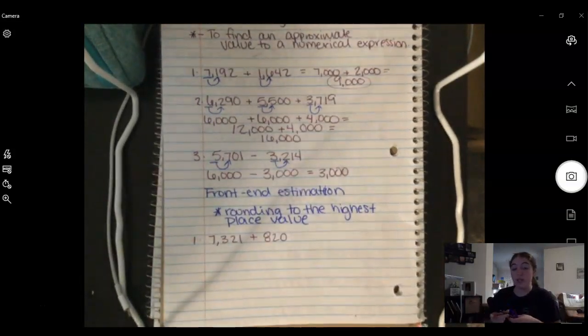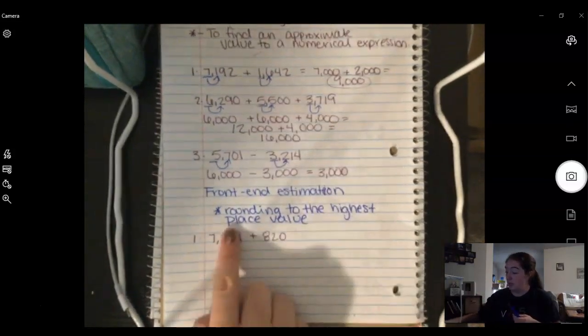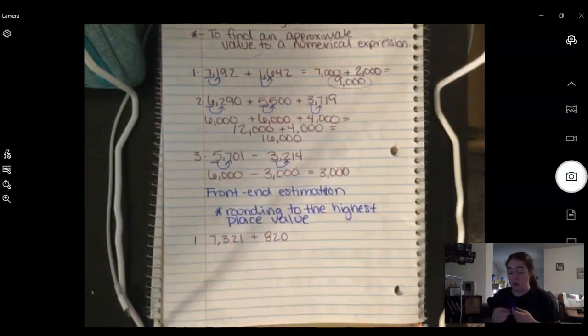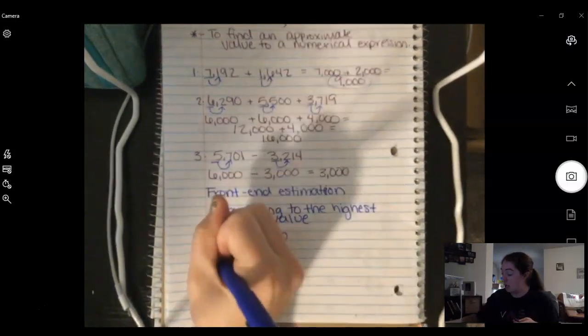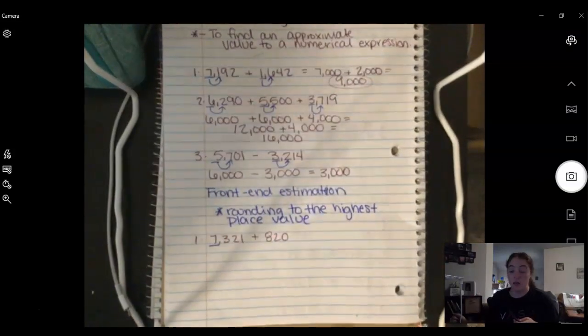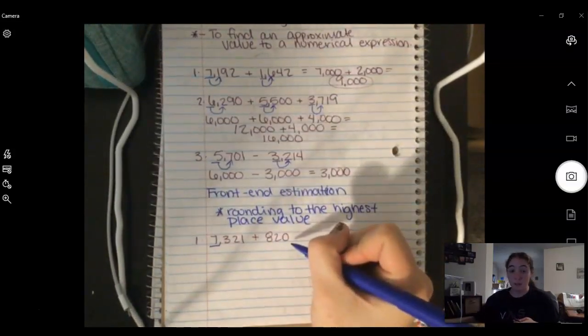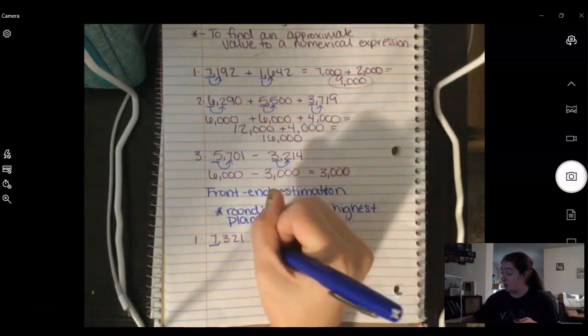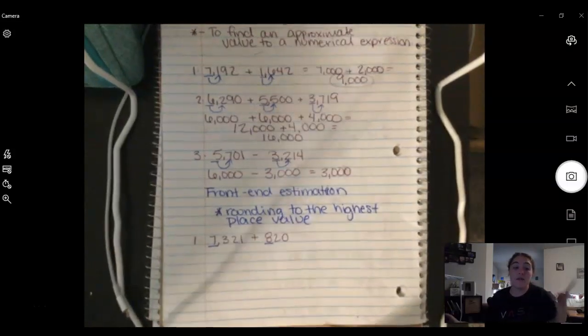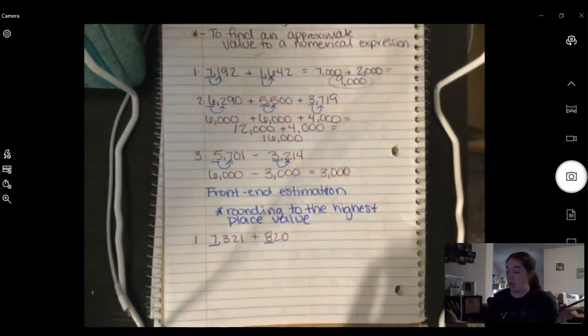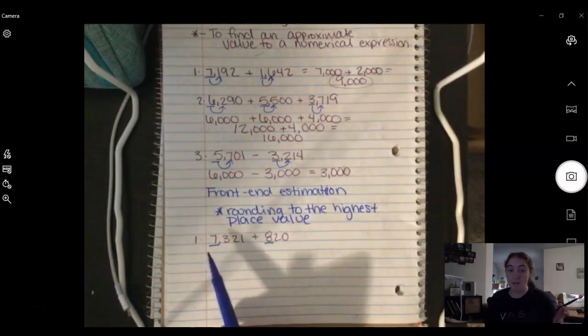So you are just going to find the highest place value of each number. The highest place value of this number would be the thousands, so I would round to the thousands. The highest place value of this number is the hundreds, so I would round to the hundreds. And notice the highest place value is also the leftmost number. See how this is the left of the number?